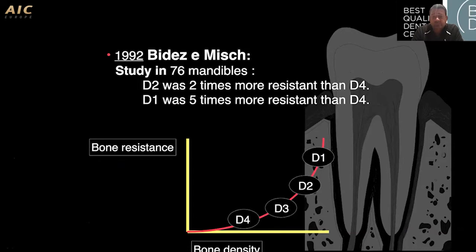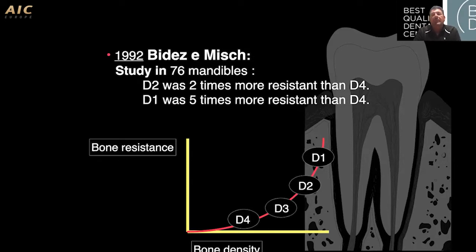Of course, the bone resistance and the bone density: we have to keep in mind that the D4 is always less dense than the D1, so the D1 is always more resistant than the D4. This is quite important for us to know which drilling technique we have to use.